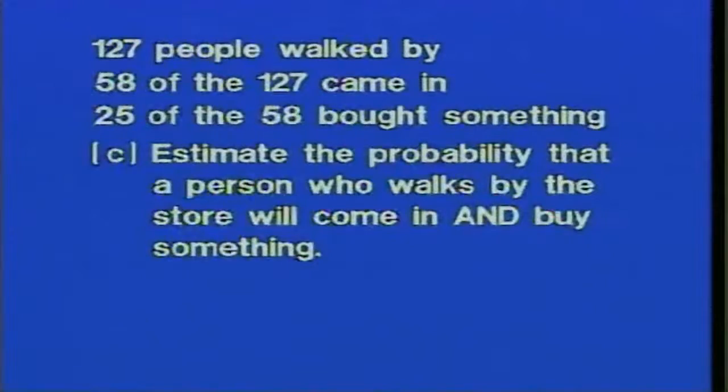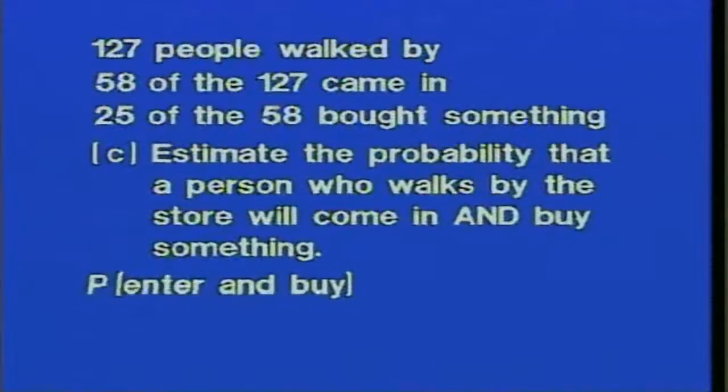Estimate the probability that a person who walks by the store will come in and buy something. Now I'm going to give you a peek into the next section here. We haven't talked about this before, but the word "and" has a rather particular significance to us in statistics and in calculating probability. I'm going to write the probability like this: the probability of entering and buying.